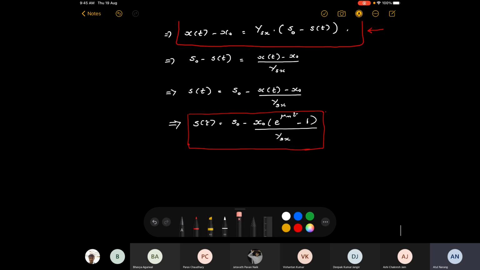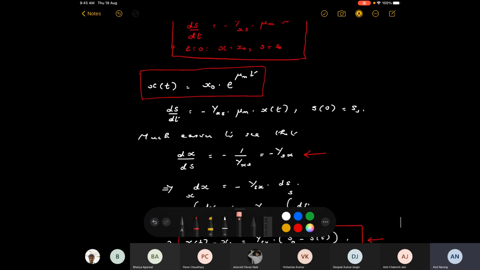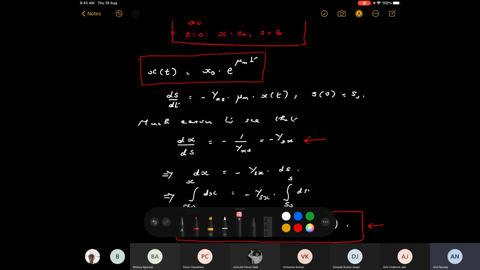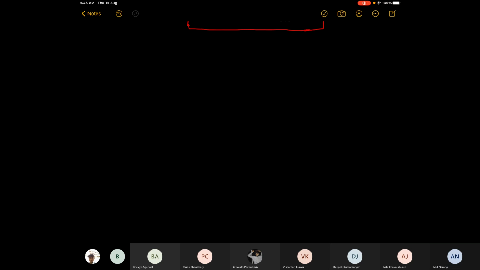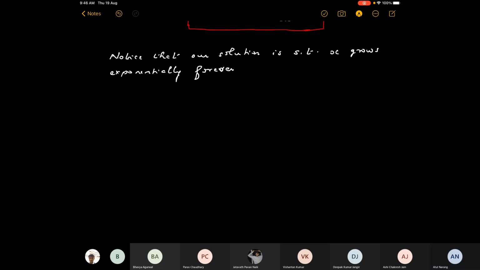One point to notice here is that according to this equation, so the solutions that we have obtained, I should point out here, notice that our solution is such that x grows exponentially forever, right?